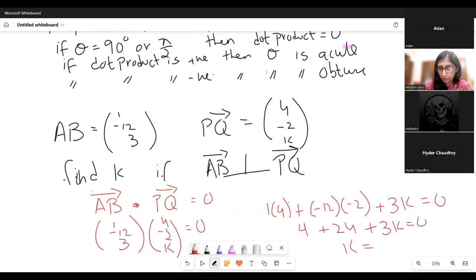K equals minus 28 by 3. That's all from AS level vector.